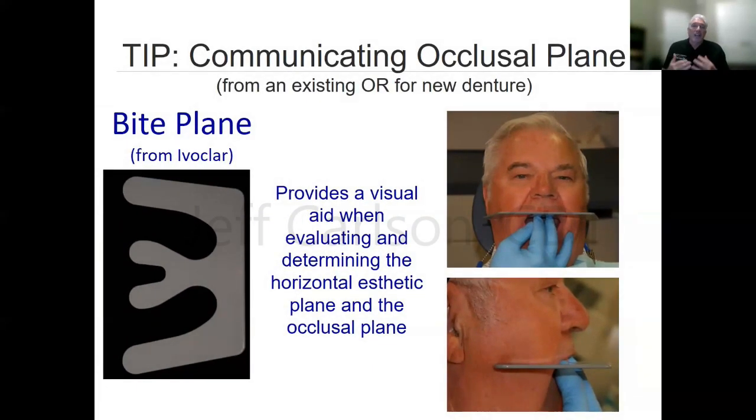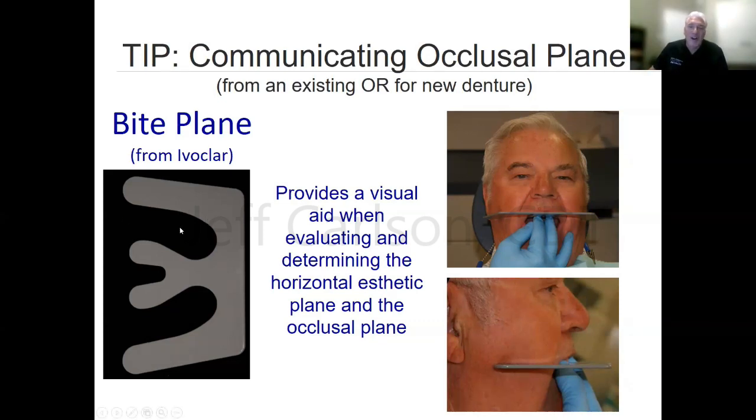Something else that's a great little tool, because when we're doing these denture cases, there's the cant, anterior-posterior cant, and then the fiend of all is the left and right cant, going downhill, trying to make an occlusal rim. This little bite plane from Ivoclar is really slick. I don't remember the cost there.